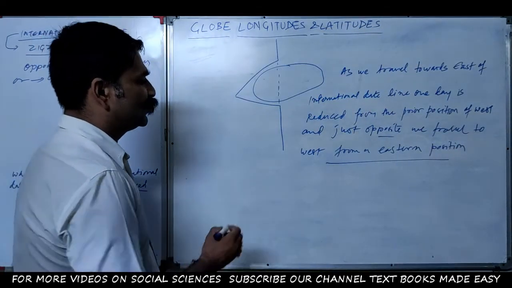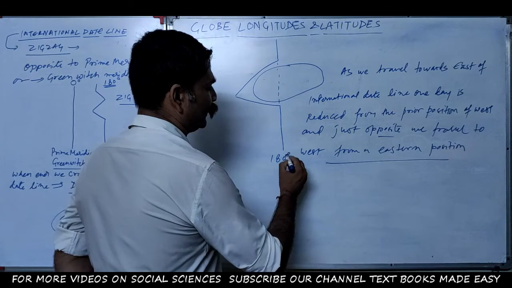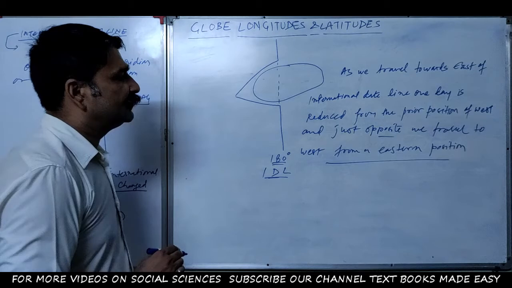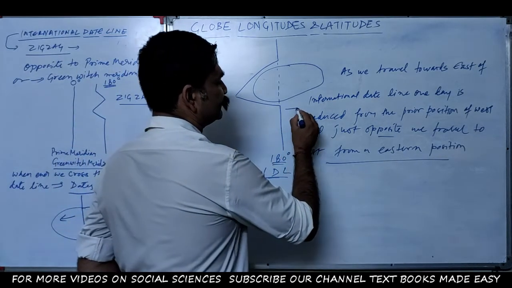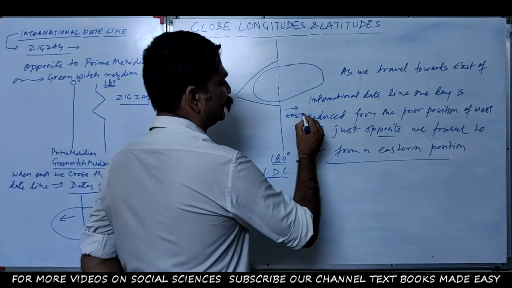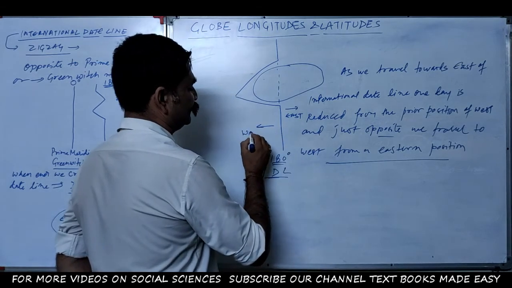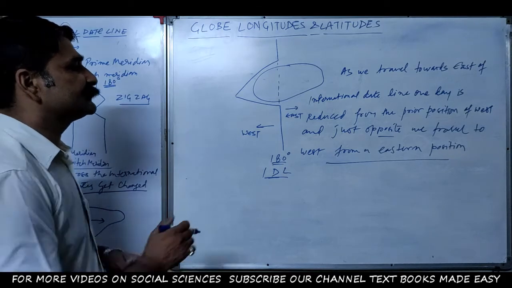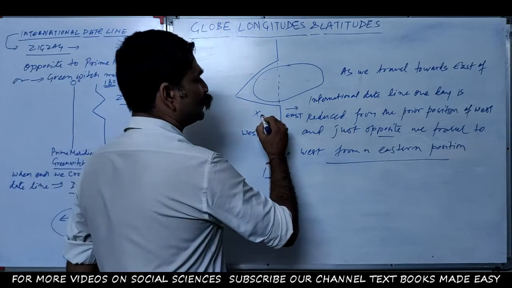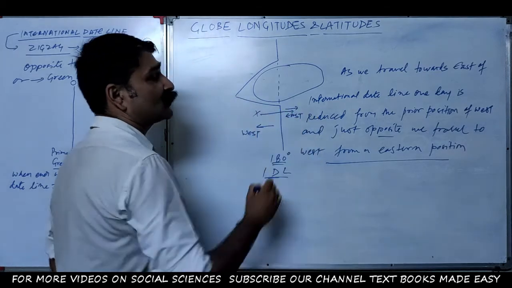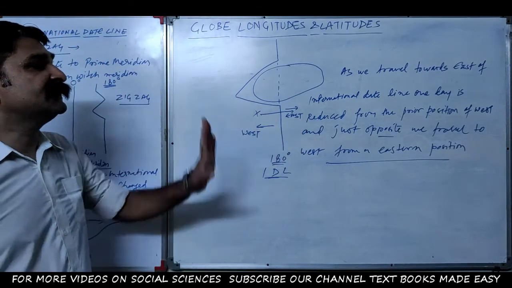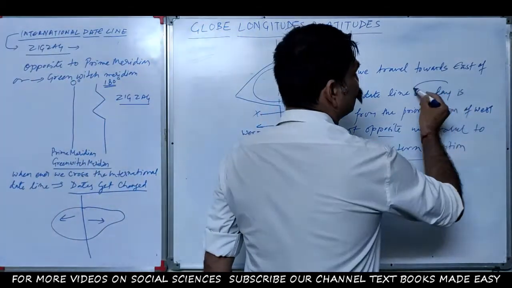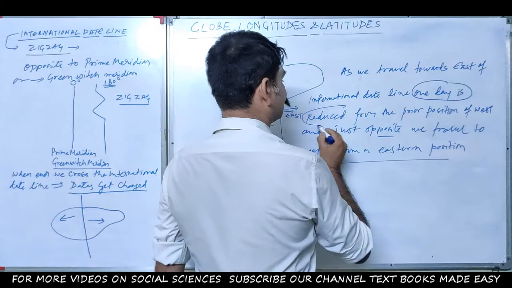Okay, so this is the 180 degree international date line. Now this is east and this is west. Now we are traveling, this is my position, and I am traveling towards east and I am crossing this international date line. Now what will happen? One day will be reduced.